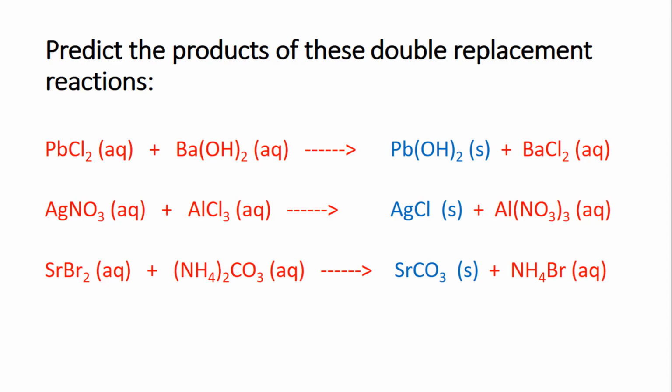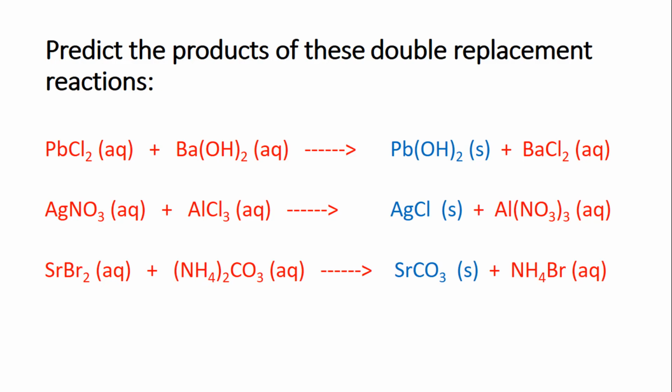Knowing your solubility chart and being able to use it means that you understand that strontium carbonate is insoluble in water and therefore is the solid precipitate that forms. Ammonium bromide dissolves in water, therefore we give it the symbol AQ for aqueous.